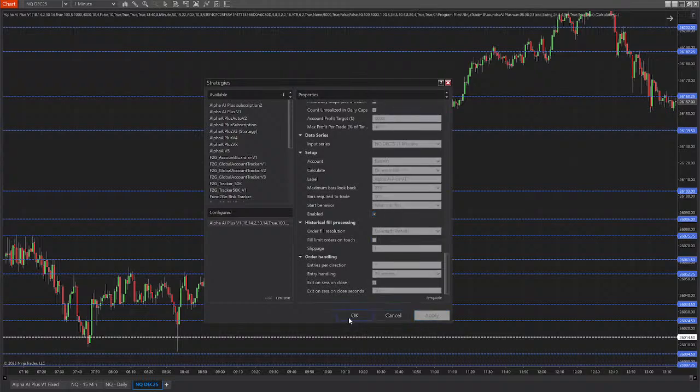This system now takes trades the whole day, from market open to market close, with $4,000 max profit. Let's see. I never actually did this before, so I'm doing this live with you guys.